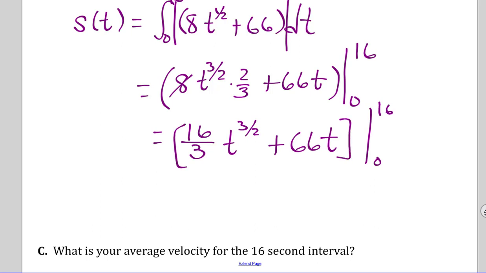Okay, so when we plug in 16, we can think of this as the square root of 16 to the 3rd power, right? So that's going to be 4 to the 3rd power, which is 64. So 16 times 64, at that point I'd get my calculator, over 3.